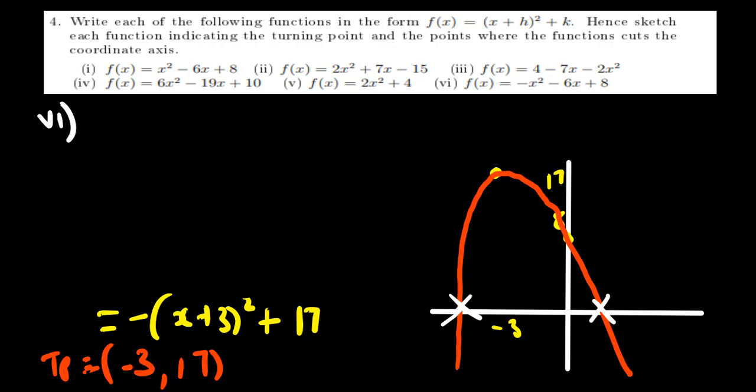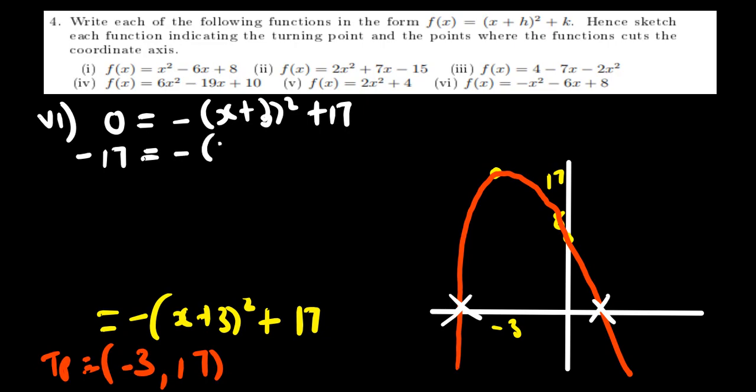Like we earlier did, we are going to say 0 is equal to this same expression that we found as our answer. So I have negative x plus 3, this is squared, plus 17. I'm going to take the 17 to the other side to be negative 17 is equal to negative x plus 3 squared.